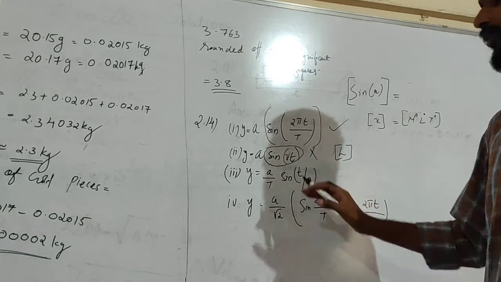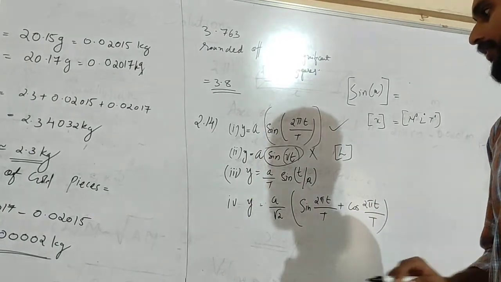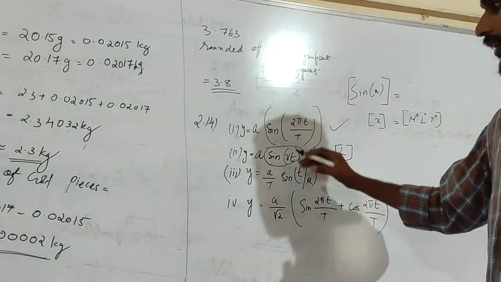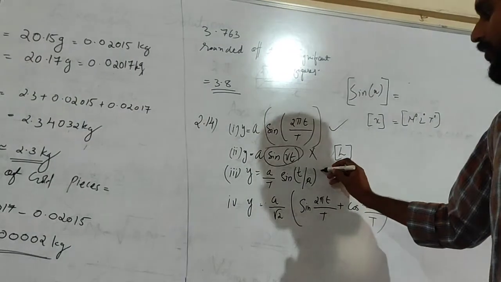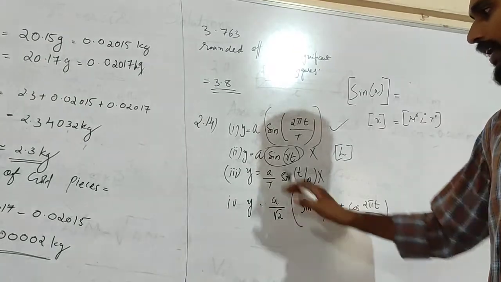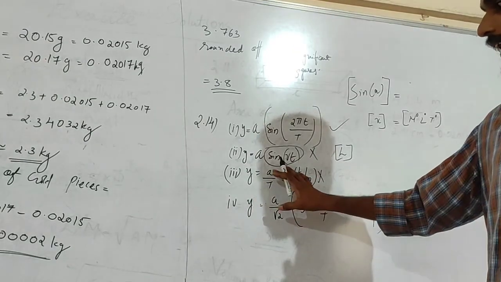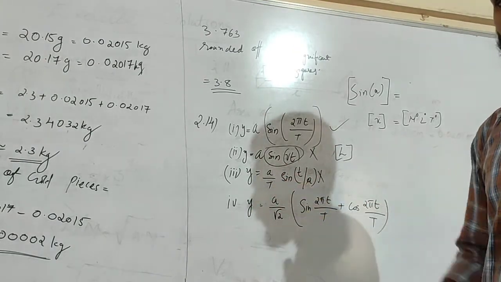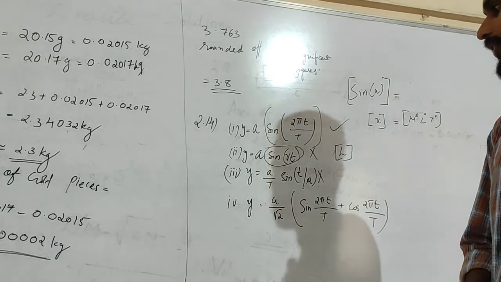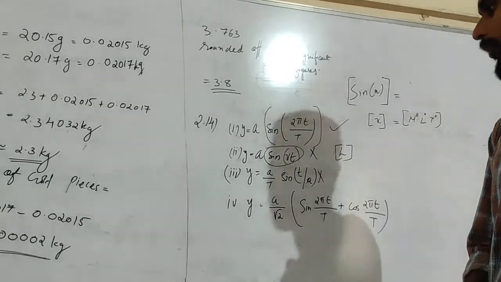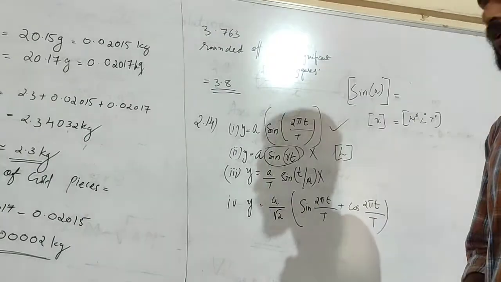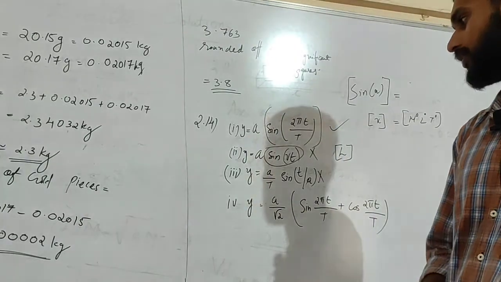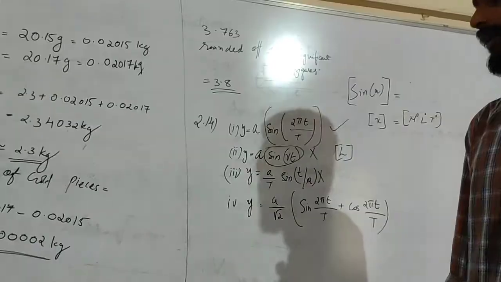There will be a dimension for the sine argument, isn't it? So, the same thing as in the earlier case, this equation is also not valid. As well, a by T, that is displacement divided by time, if you compare the dimensions on both sides, they will not be equal. So, this equation is also not valid.